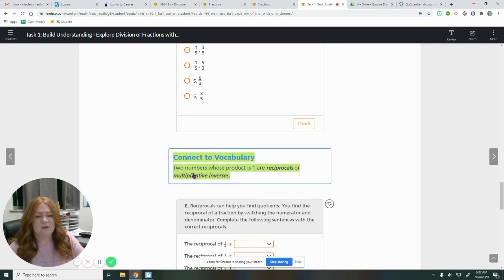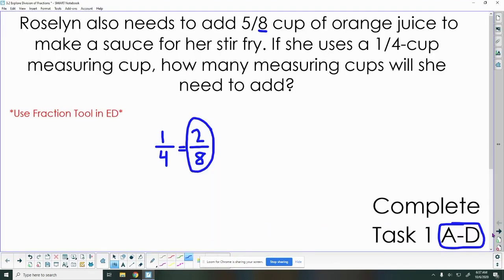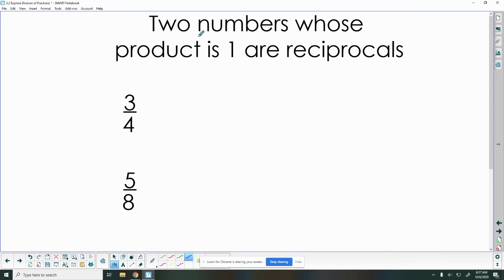So I really like to use this strategy of using a reciprocal. So let's take a closer look at reciprocals here. Two numbers whose product is 1 are reciprocals. You might also hear it called the multiplicative inverse. And you'll see why we call it multiplicative in just a second.